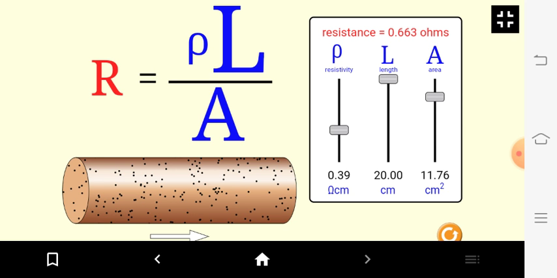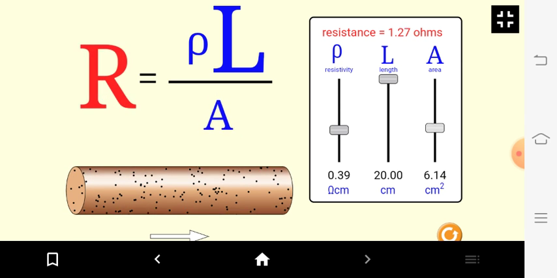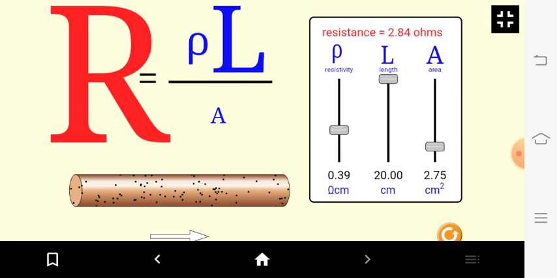Now, let us check how resistance depends upon area of cross section. They are inversely proportional. It means if one thing is increasing, the other will decrease. Let me decrease the area of cross section. The wire will become thin, and as you can see, resistance is increasing. Now the path is quite narrow.